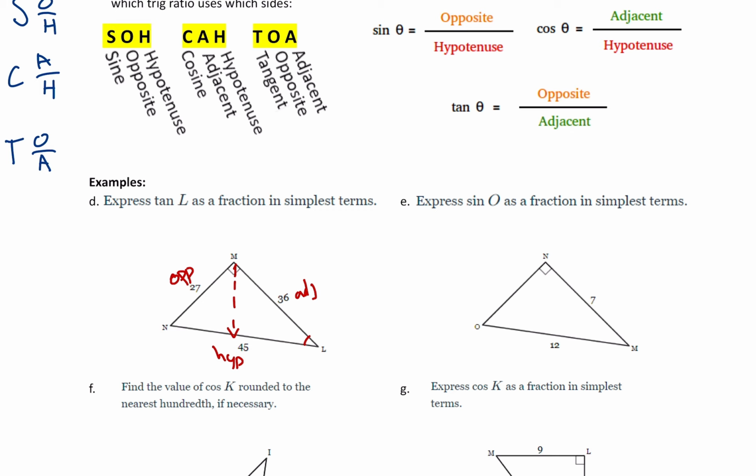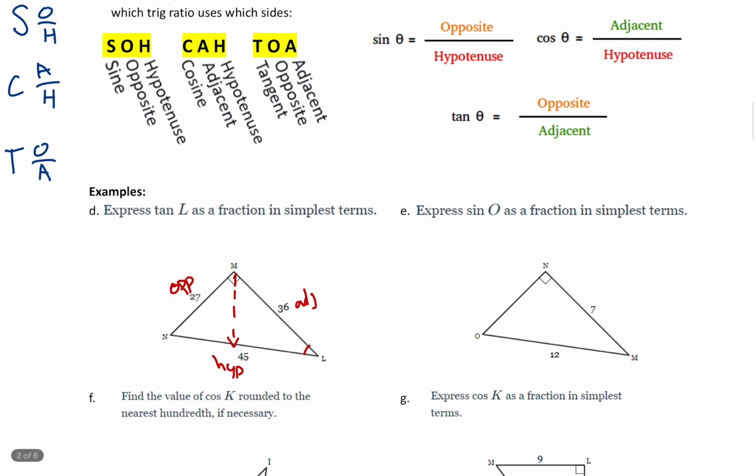Okay? Now I need to decide which one of these trig functions I'm going to be using. It wants the tangent of L, which means I'm going to be using the tangent function. Tangent is opposite over adjacent.